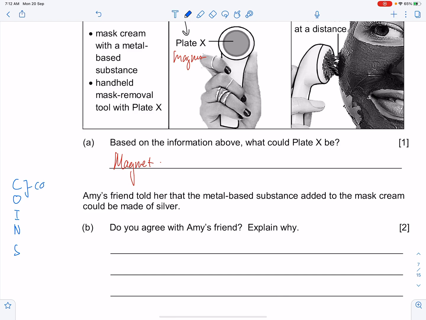CO is your cobalt, I is your iron, N is nickel, and S will be steel.